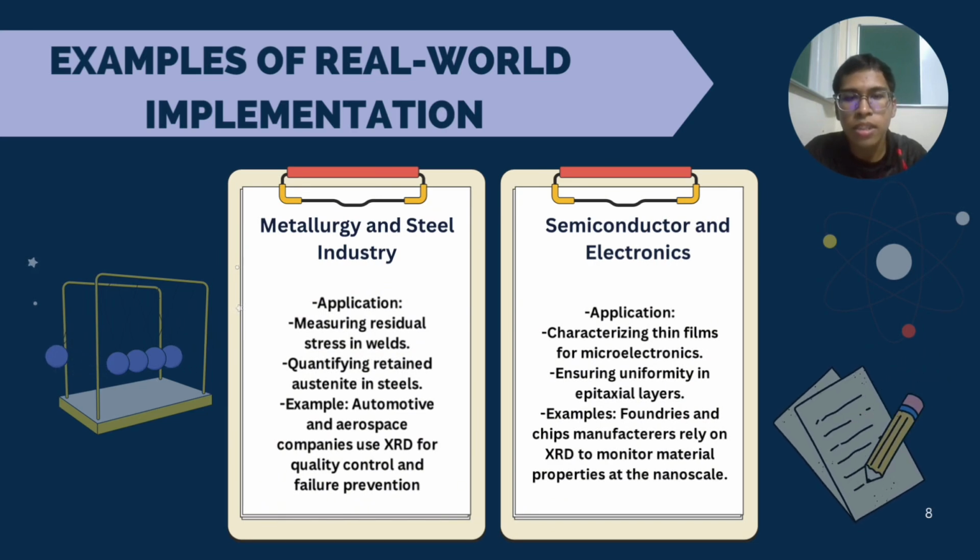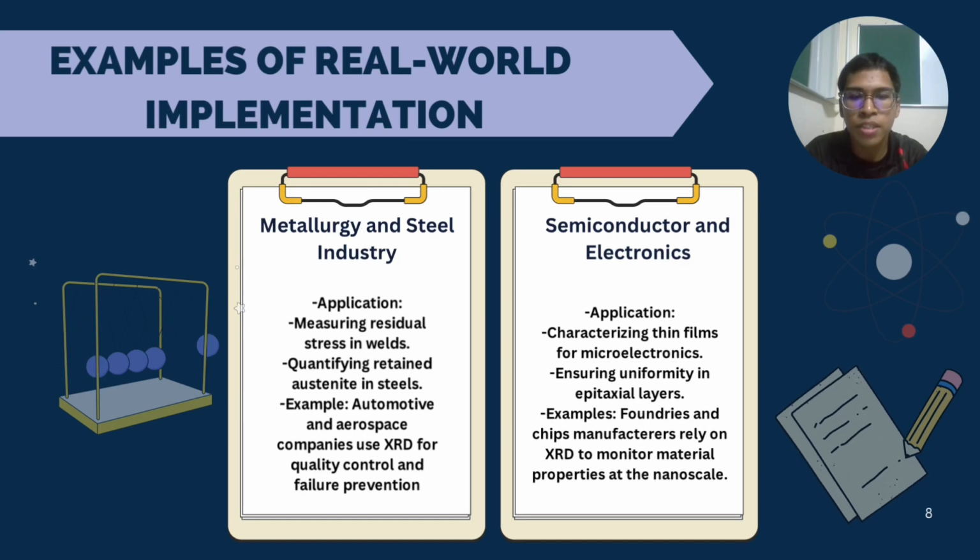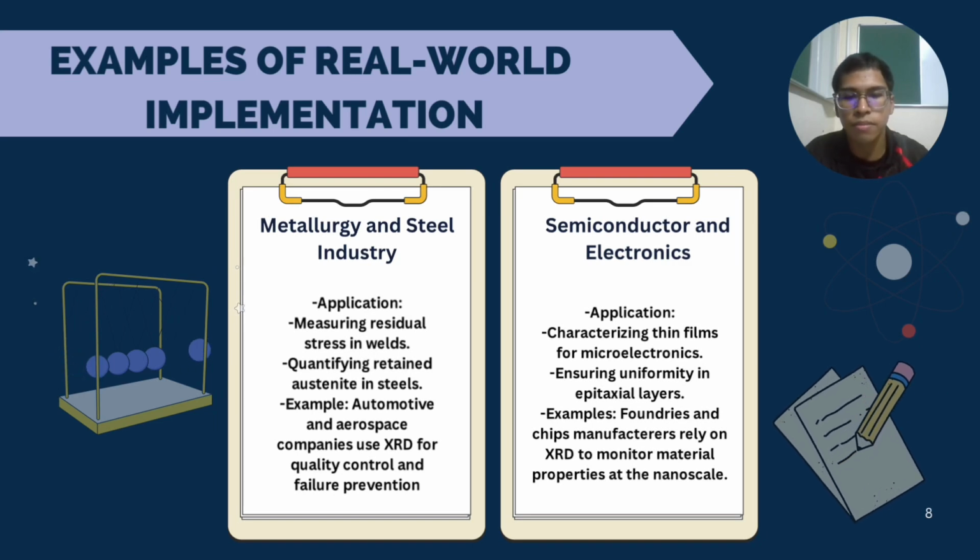And the last one, semiconductor and electronics. Their application is characterizing thin films for microelectronics and also ensuring uniformity in epitaxial layers. For example, foundries and chip manufacturers rely on XRD to monitor material properties at the nanoscale.